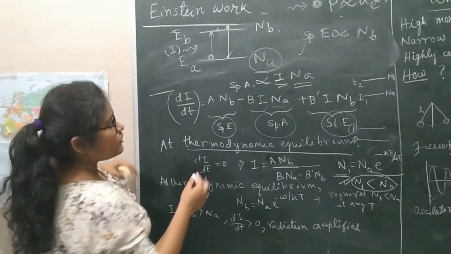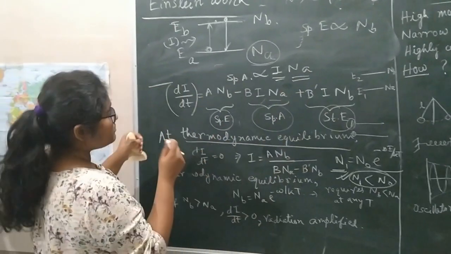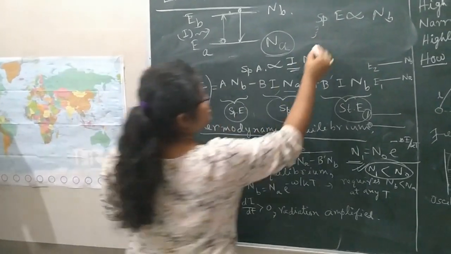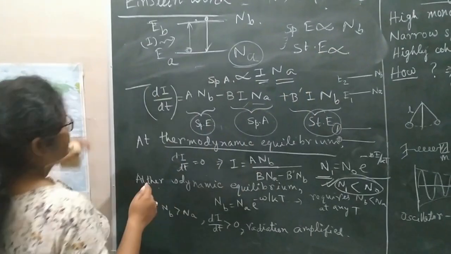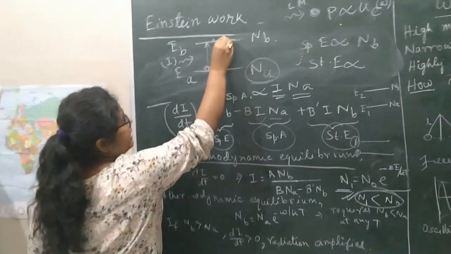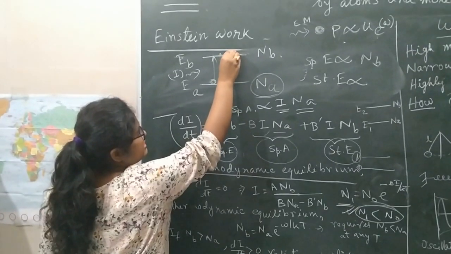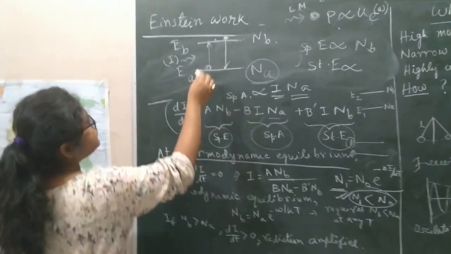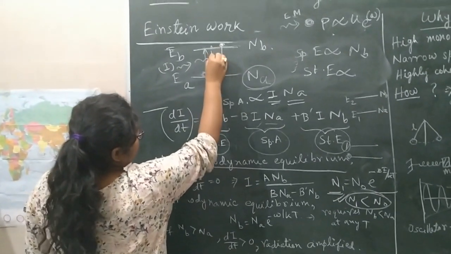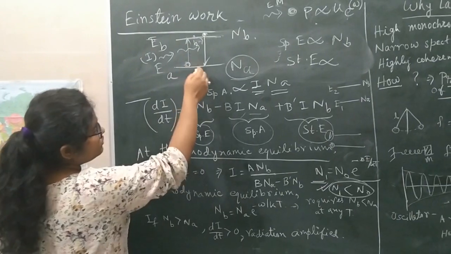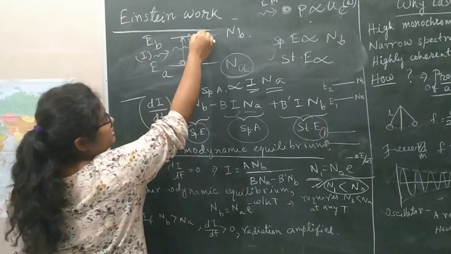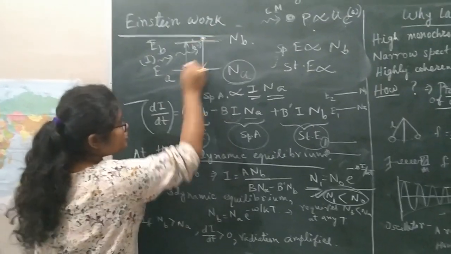Now there will be another kind of process which is called stimulated emission, and it is like this: you already have an electron or atom in the excited state. Now an incident electromagnetic wave or light of energy h nu will stimulate the atom to radiate, and it will come to the ground state.